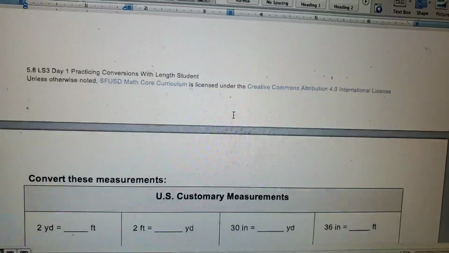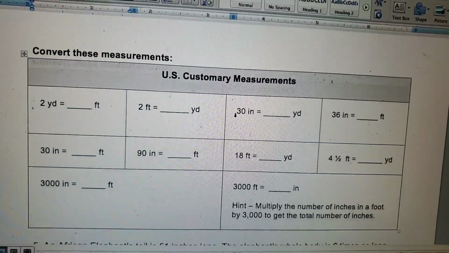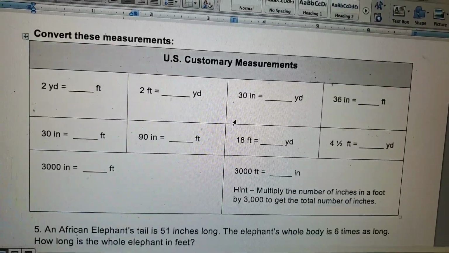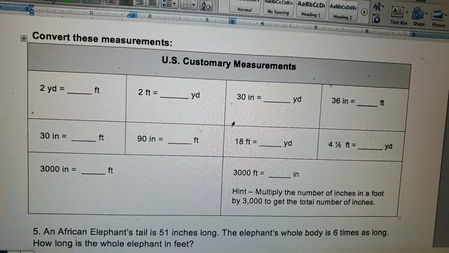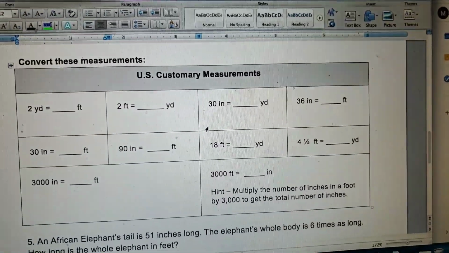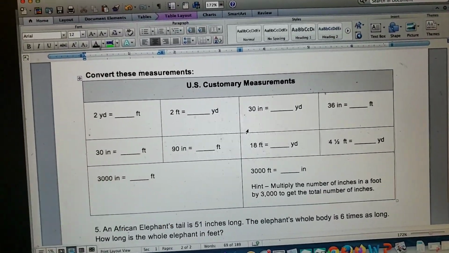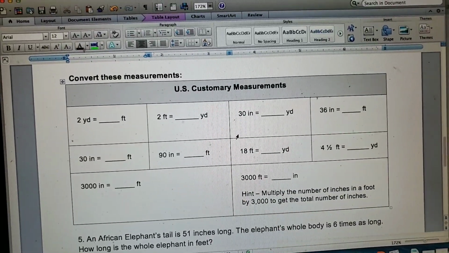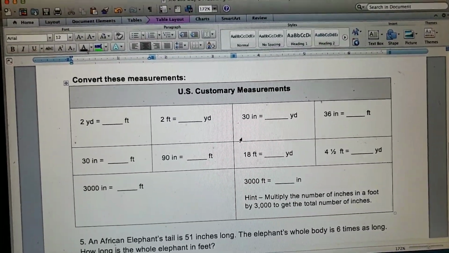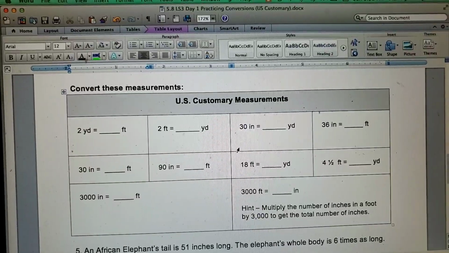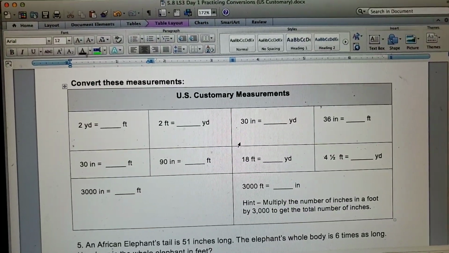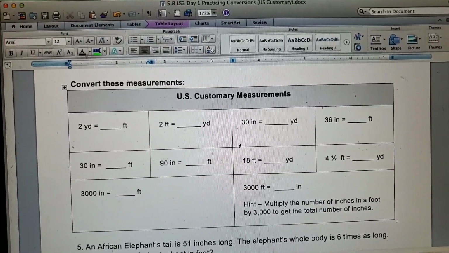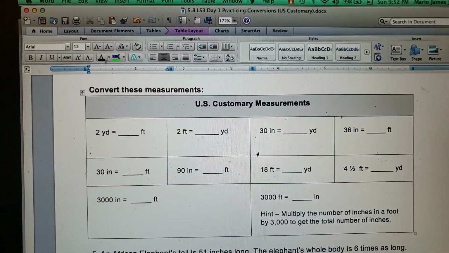And then for the last page, you are going to convert these measurements. Take these measurements, use the chart to help you, and convert them from inches to feet, or feet to yards, or yards to miles.